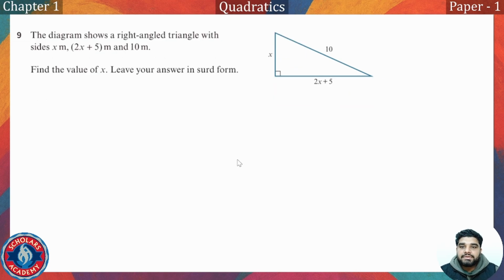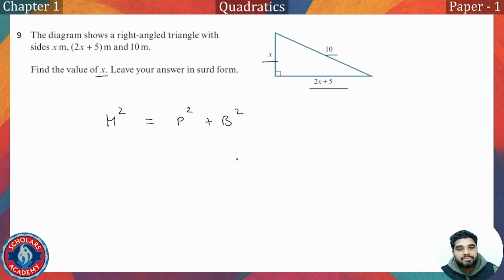Okay, so now we are given a right angle triangle. The diagram shows a right angle triangle with dimensions x, 10 and 2x plus 5. We need to find the value of x. So since it's a right angle triangle, it will satisfy Pythagoras theorem, h square is equal to p square plus b square.